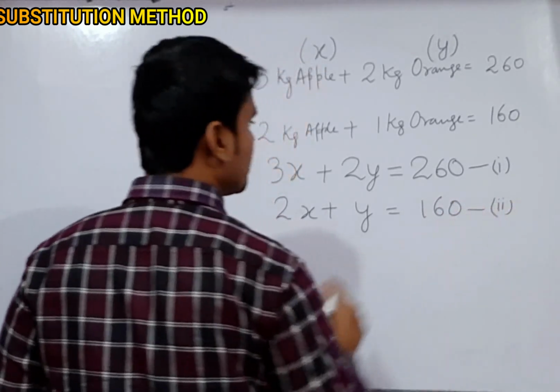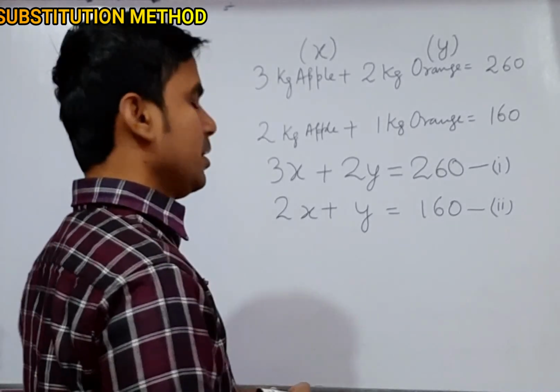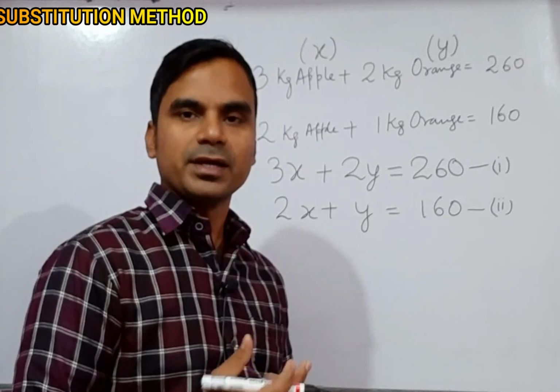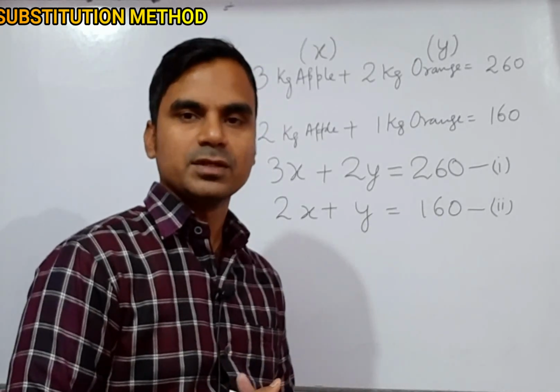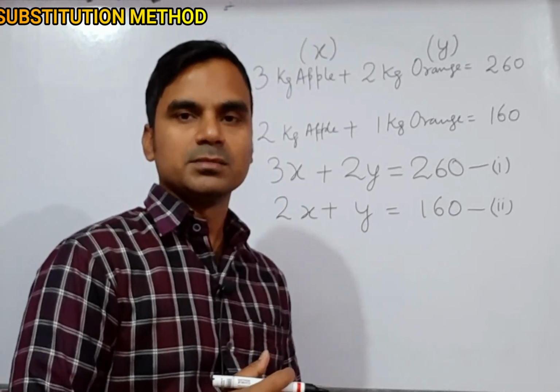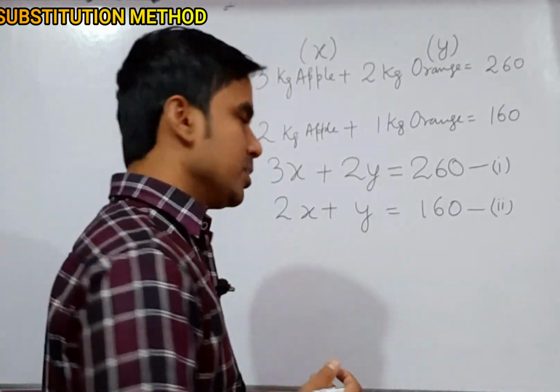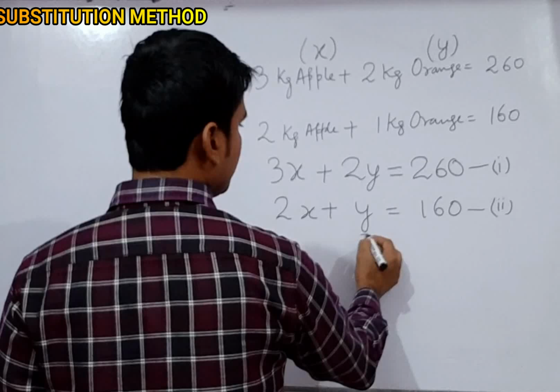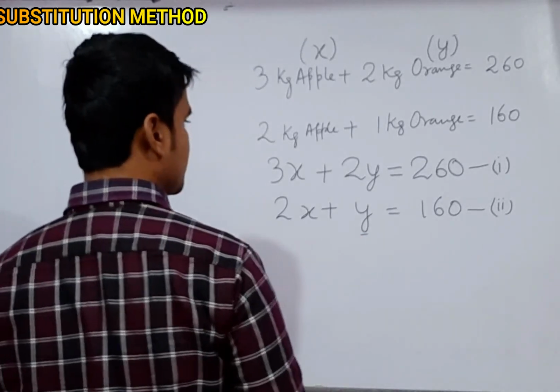In substitution method, हम क्या करते हैं सब्स्टिट्यूशन मेथड में, या तो x को y के टर्म्स में रिप्रेजेंट करते हैं या y को x के टर्म्स में रिप्रेजेंट करते हैं. So here we try to represent y in terms of x.